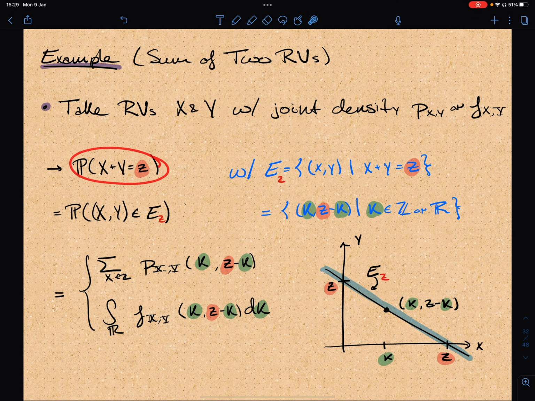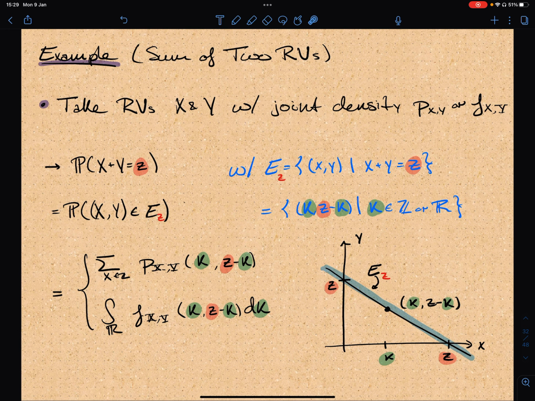So to compute this probability, again, we want to take the integral or the summation of the probability distribution over the domain of the event for the pair of random variables. And here, this is a line. And so this is what I've done here. This is going to be a summation over this line. For the continuous case, it's an integral over the real line, where k is going to parameterize the point along this line.